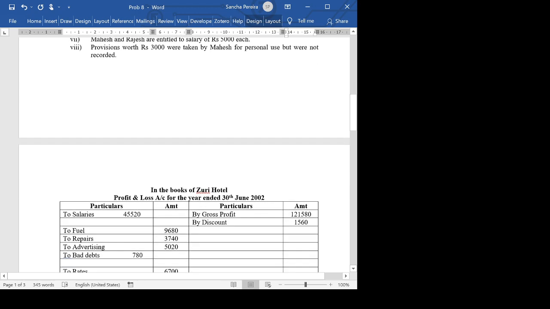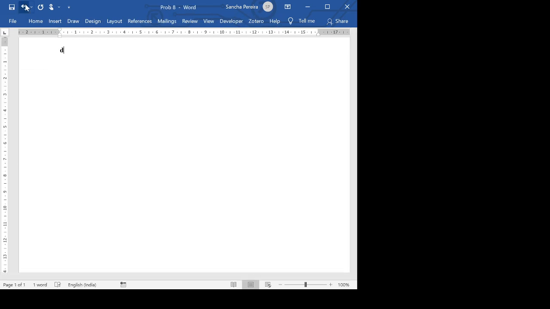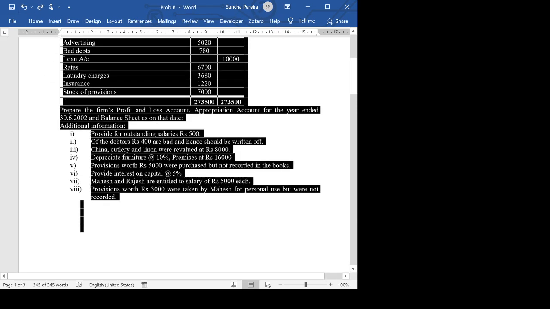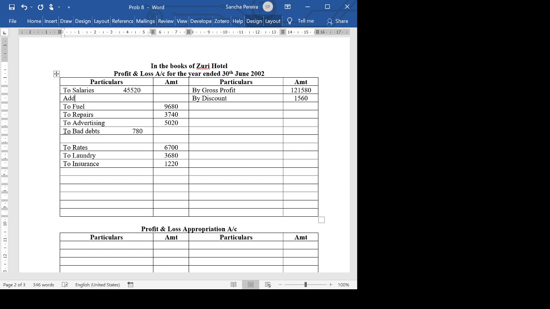Provide for outstanding salaries, 500. So add outstanding salary, 500.